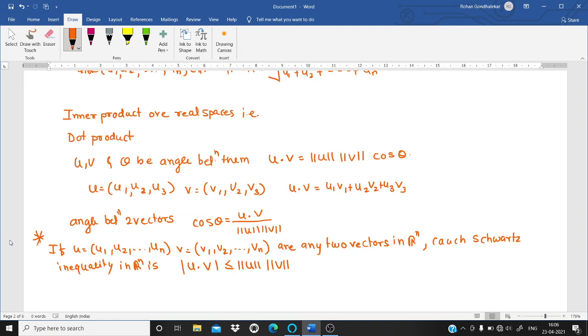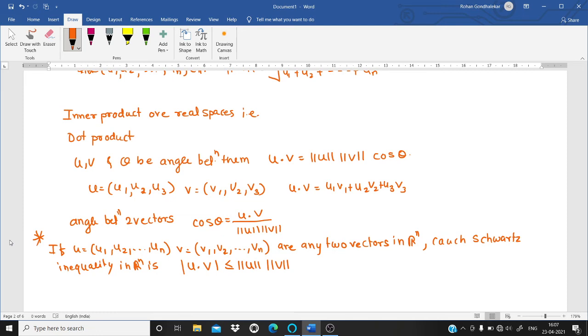In examination, they may ask you to state the Cauchy-Schwarz inequality and prove it, or they may simply provide two vectors and ask you to verify it. See, the proof is very simple. The inequality can be proved easily for R2 or R3, that is two-dimensional or three-dimensional vectors.